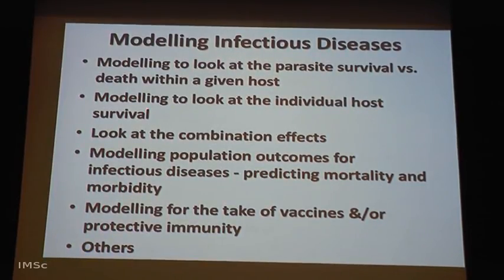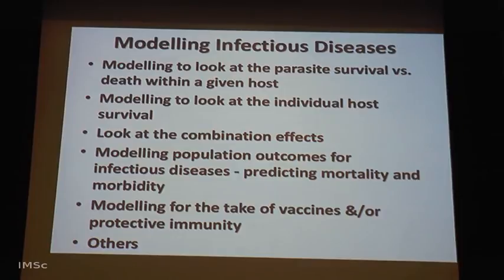The second is modeling to look at the individual host. So we are looking at parasites coming to one host and looking at how the host deals with the parasite. So this is the host trying to kill the parasite so that the host can survive. This can be a human host, and it could also be a model host. And I'm using the word model with a double meaning, and I'll explain that in a while.